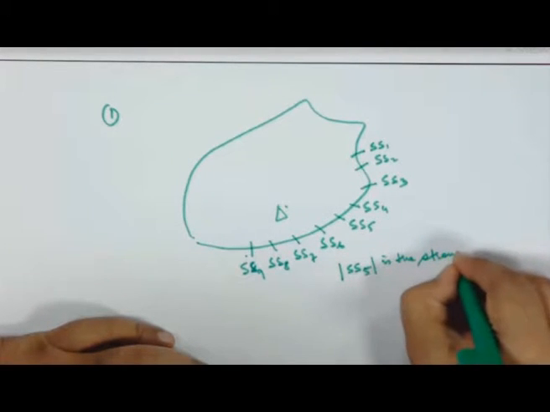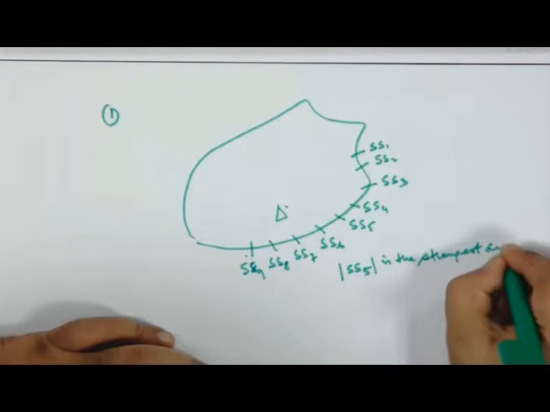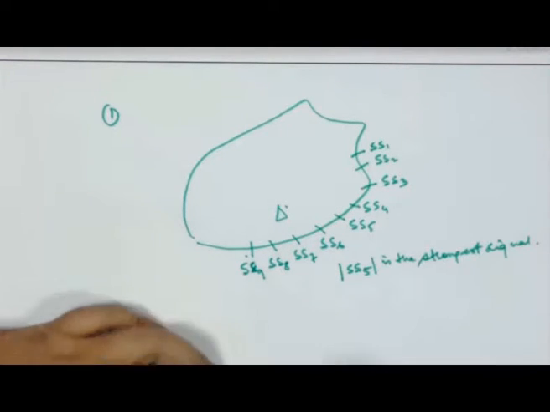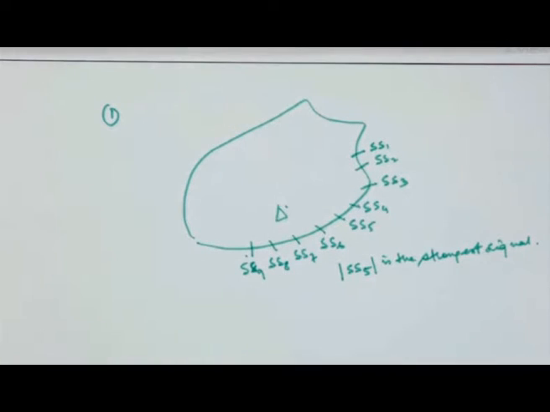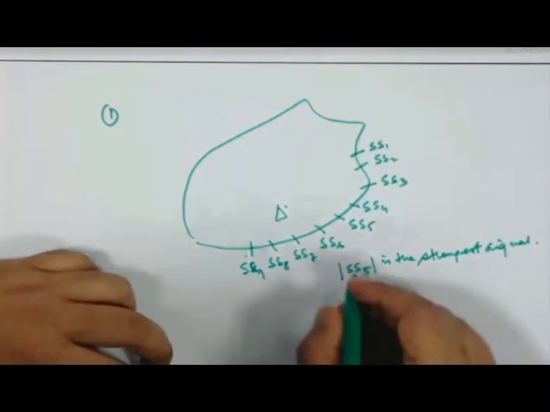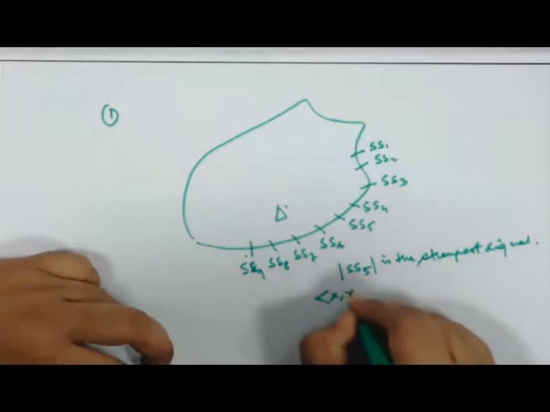strongest signal. Okay. SS5 is the strongest signal. So then what you do, SS5 has given XY.